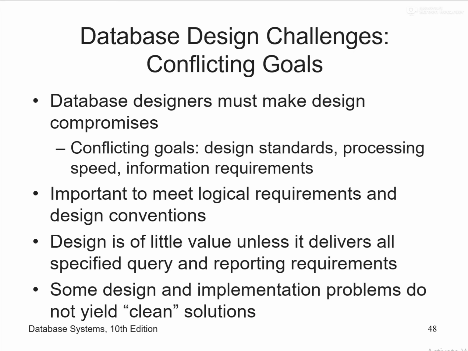And the third thing is information requirement, where timely information might be the focus of the database design, because if you need to make your decision based on the information from the database, then timely information is very important.